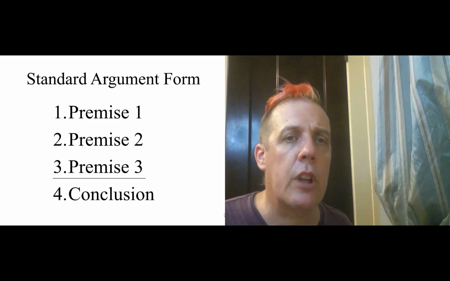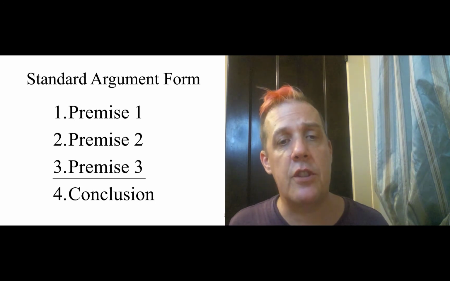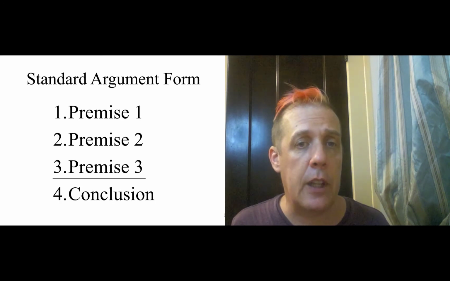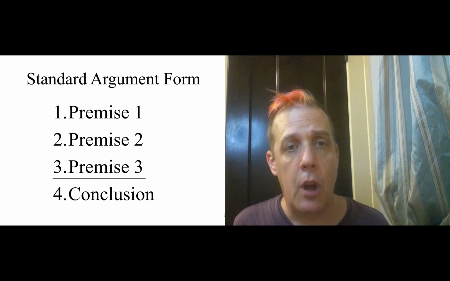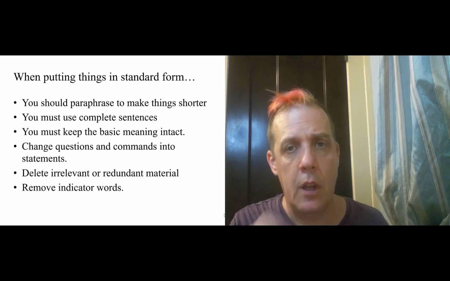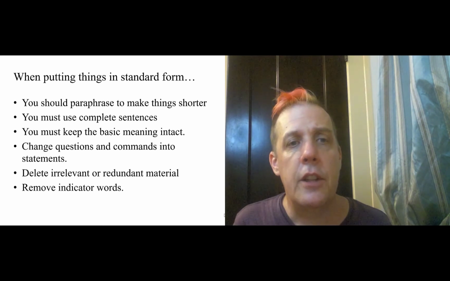So for your homework, you had to write arguments in standard form, which just means that you list the premises, you number them, you draw a line, you write the conclusion. It's meant to look something like arithmetic, because like arithmetic, arguments are basic functions in reasoning. When you put things in standard form, it's okay to paraphrase them to make them shorter.